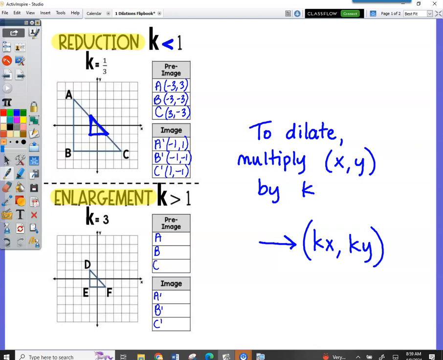Yes, all the coordinates, X and Y. Oh, I said A, B, C.